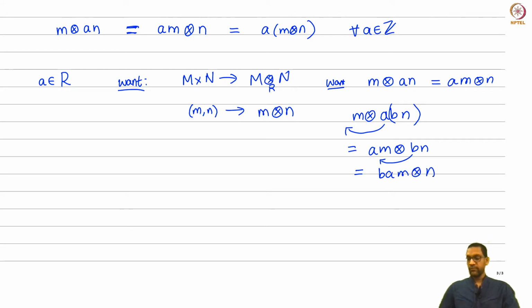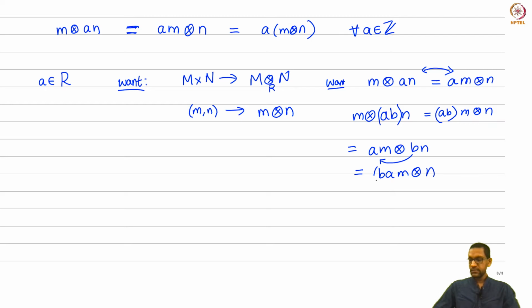So that's one way of doing it. On the other hand, I can just think of AB as a single scalar, right. So M tensor ABN, and now by what I want to be true, that scalar AB can be moved to the first component. So this is what I would get, okay.